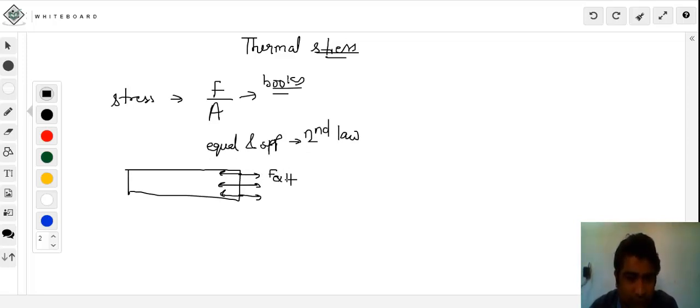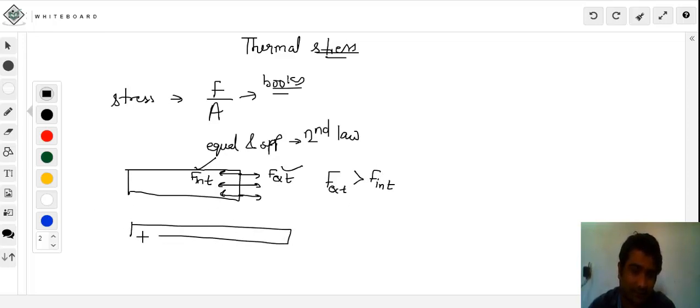This is your external force and this is your internal force, arising due to intermolecular attraction, bonds, etc. This internal force will try to oppose the external force. When the external force becomes greater than the internal force, the rod will start extending.